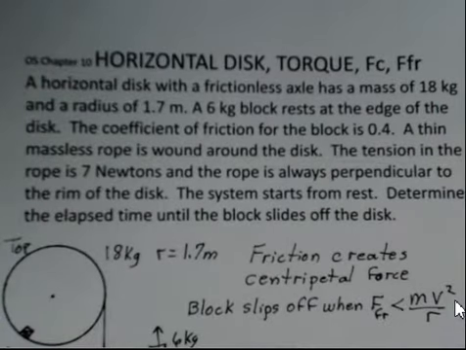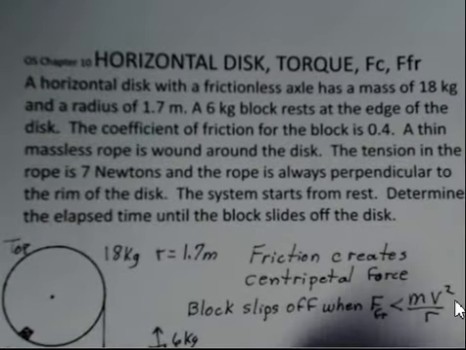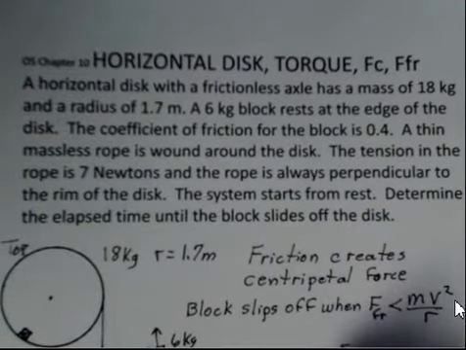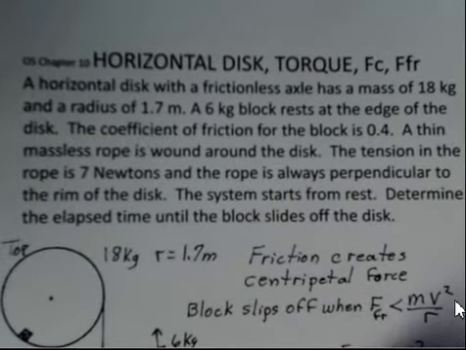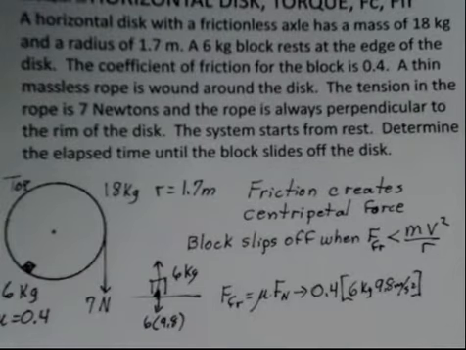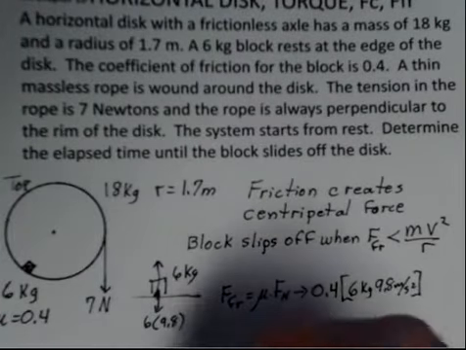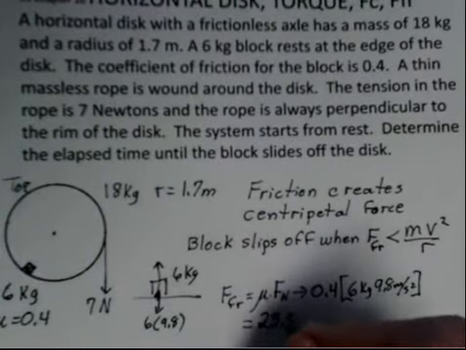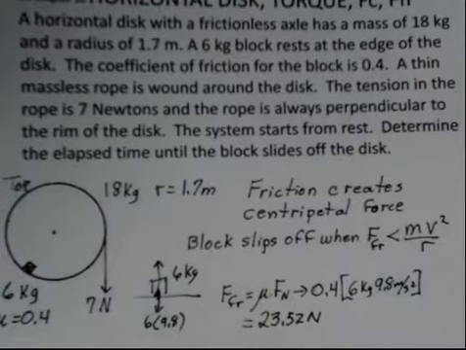With a coefficient of friction of 0.4, our normal force is 6 kilograms times 9.8 meters per second squared, the acceleration due to gravity. So our available frictional force, multiplying those three factors together, I came up with 23.52 newtons. You should calculate it with your own calculator as well. I'm not actually going to use that number.